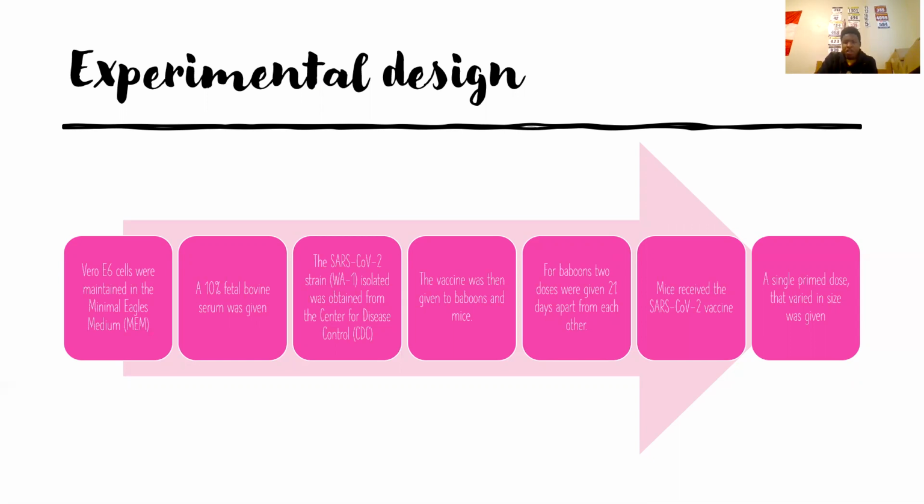The vaccine was then given to baboons and mice. The baboons were given 2 doses, which were given 21 days apart from each other. And the mice received a single dose that varied in size of the SARS-CoV-2 vaccine.